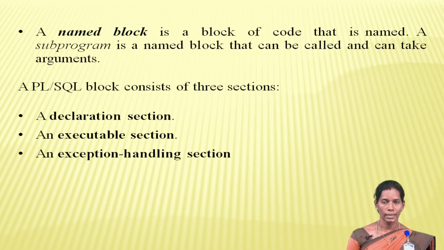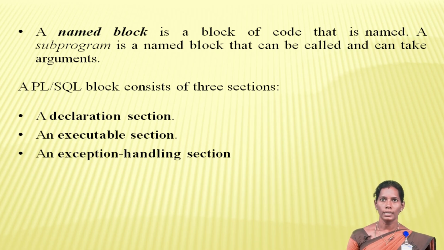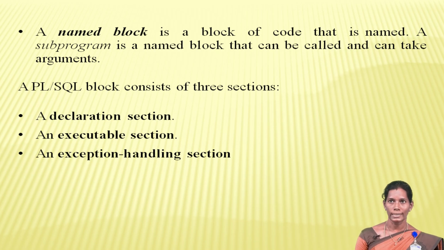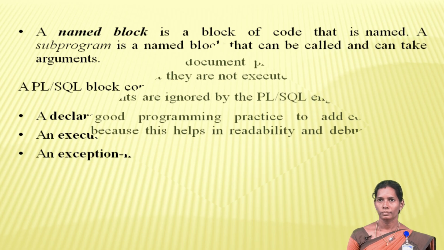A trigger is a block that is called implicitly by a DML statement. DML is data manipulation language. A PL/SQL block consists of three sections. The first one is the declaration section, the next is the execution section, and the third is the exception handling section.